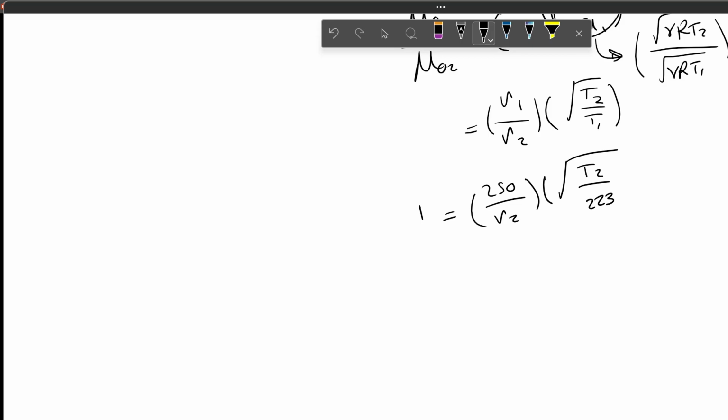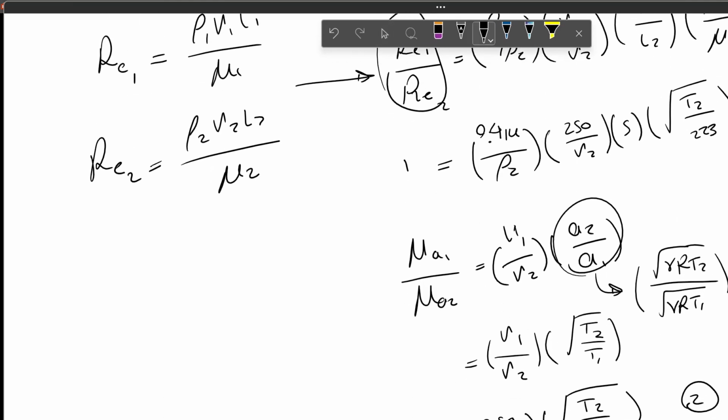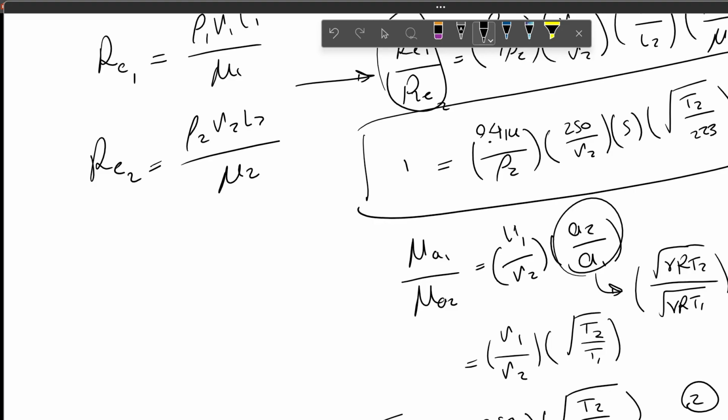So what do we have so far? We have two equations. This is the second equation, and this is the first equation. Can we find our unknowns using these two equations? No, because we have three unknowns: rho 2, V2, and T2.